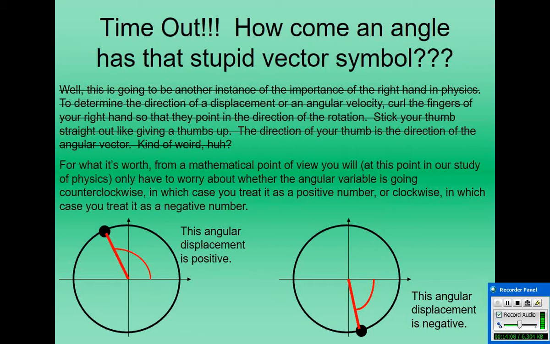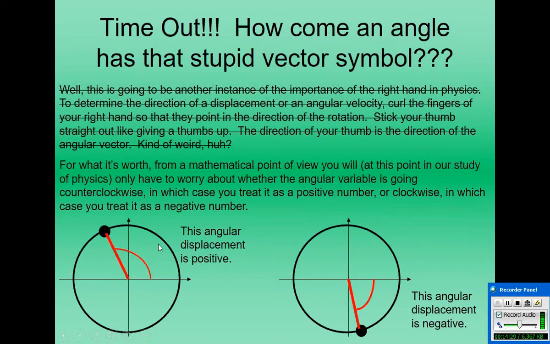I don't want you to worry about that. The vector symbol just reminds you that displacement, whether it's regular displacement or angular displacement, is a signed quantity. In circular motion, counterclockwise is the positive direction, clockwise is the negative direction.